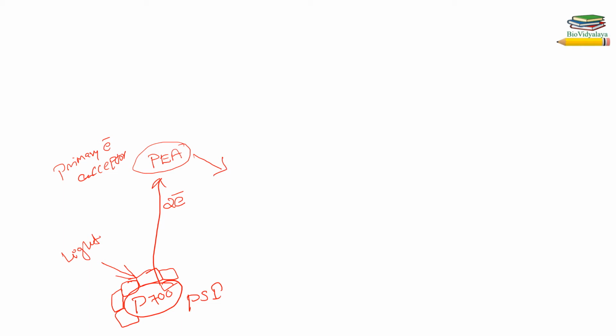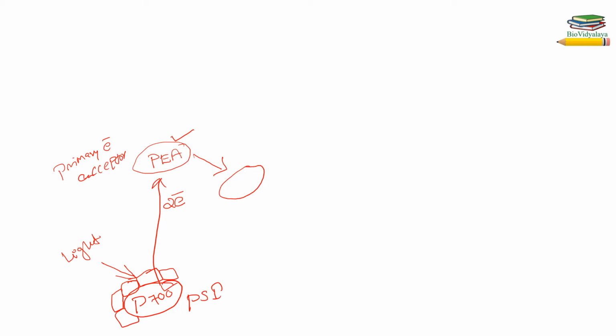Moving down the electron transport chain means moving from a higher energy state to a lower energy state, that is a downhill movement. In this electron transport chain, four electron acceptors are present.